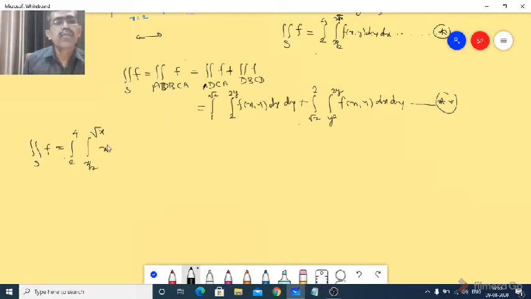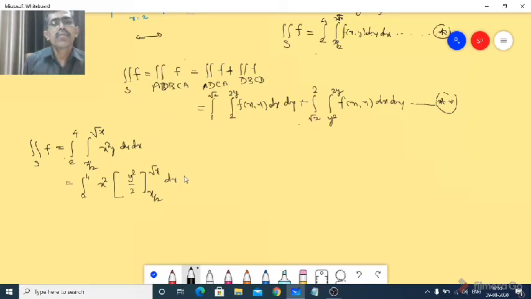So it is x square y, and these are the limits of y and then x. With respect to y, x is constant, so this is x square, and the integral of y is y square by 2 over x by 2 to root x, dx.